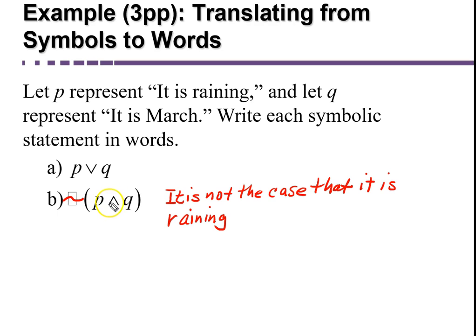Now, what connective, what word do we put here? Think about it. And if you said and, that is correct. And then the Q statement, it is March.